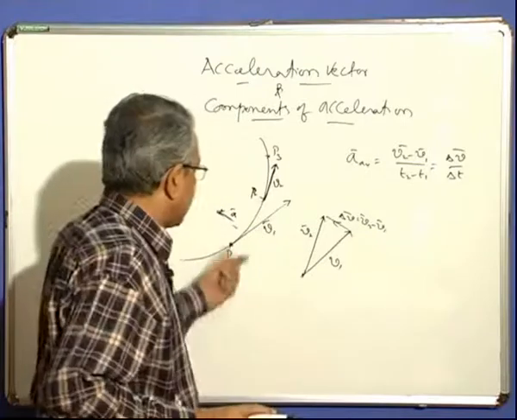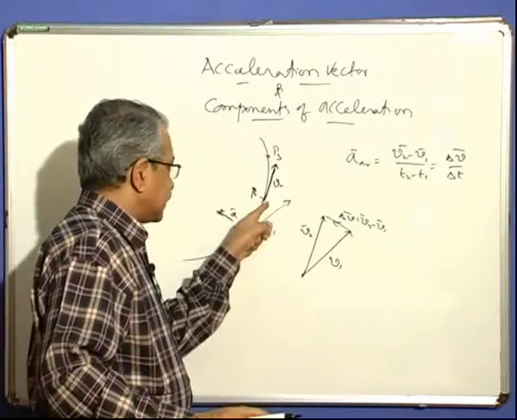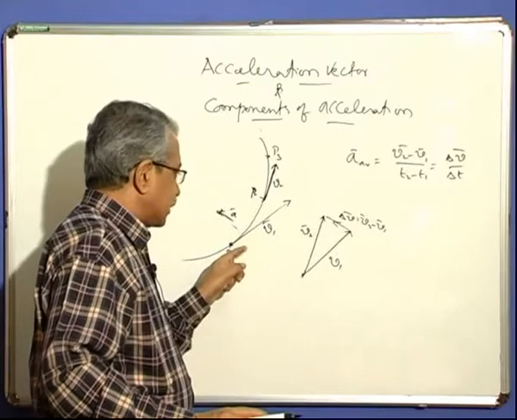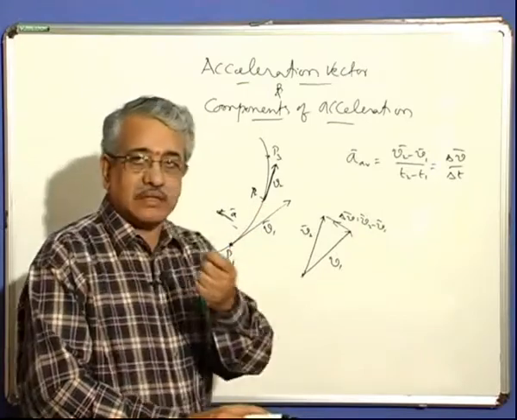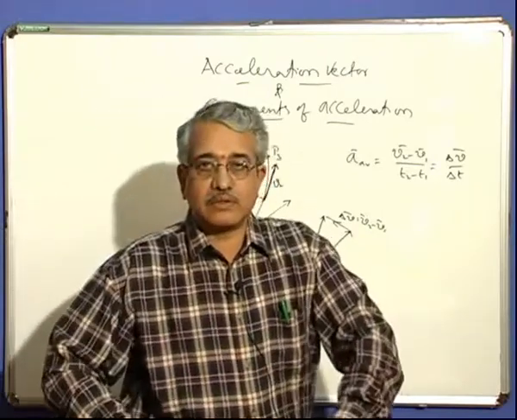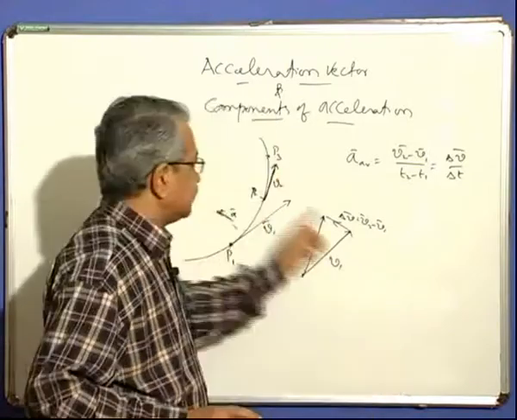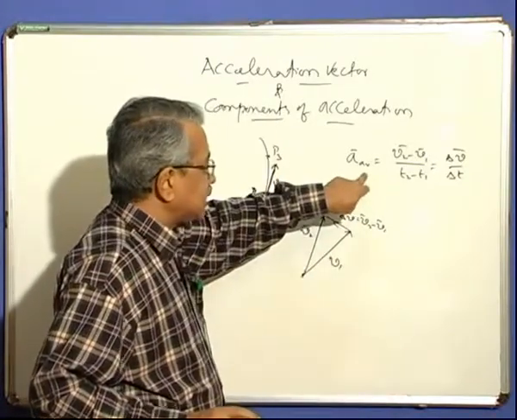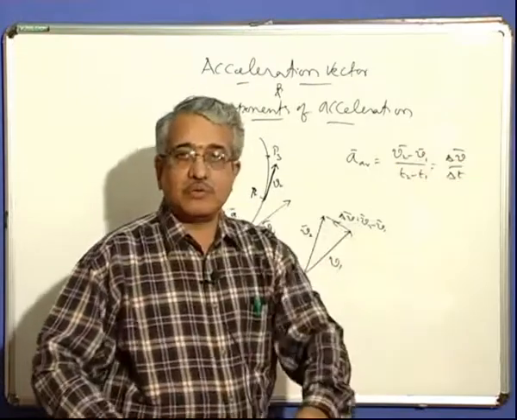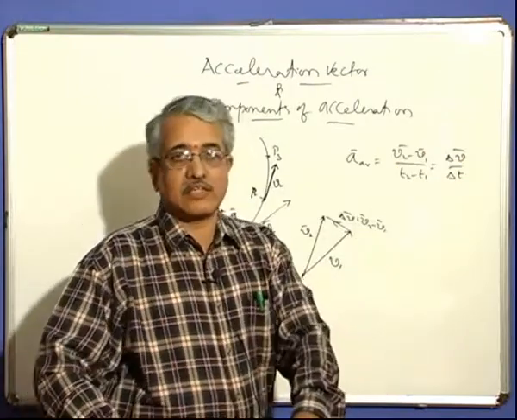Suppose these 2 points are very close by. That means P2 is very close to P1. The time interval will be practically 0. The delta T will be tending to 0. In this limit, the average acceleration equation becomes the instantaneous acceleration at P1.